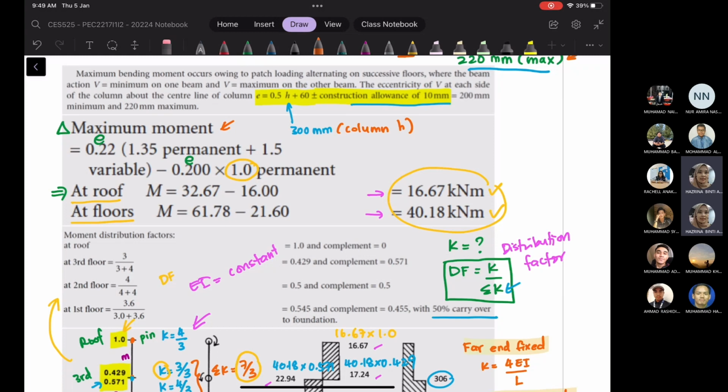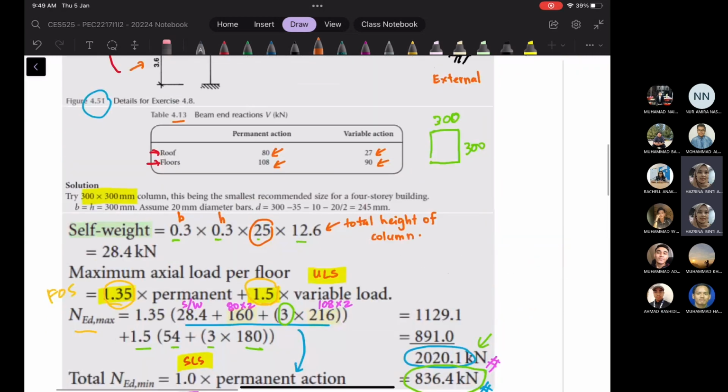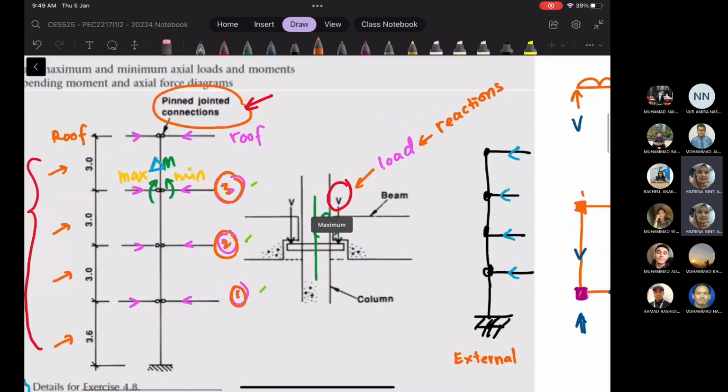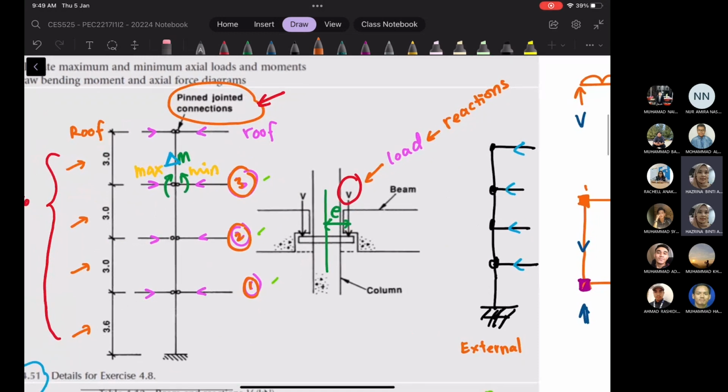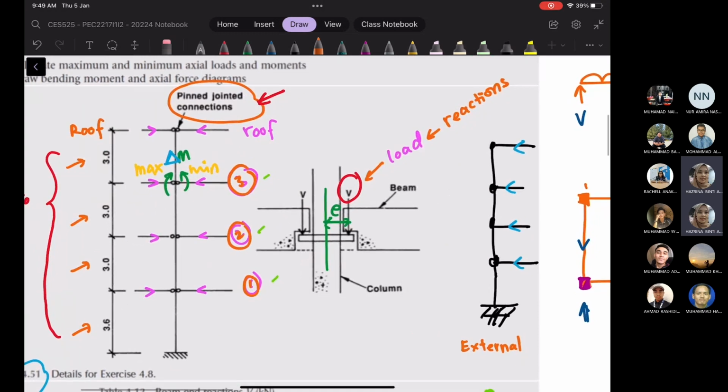In order to calculate the moment, we need a lever arm. Look back at the figure above. Why do we multiply with E? We have V, which is the load, and also E, which is the eccentricity, and this eccentricity is considered as the moment lever arm.